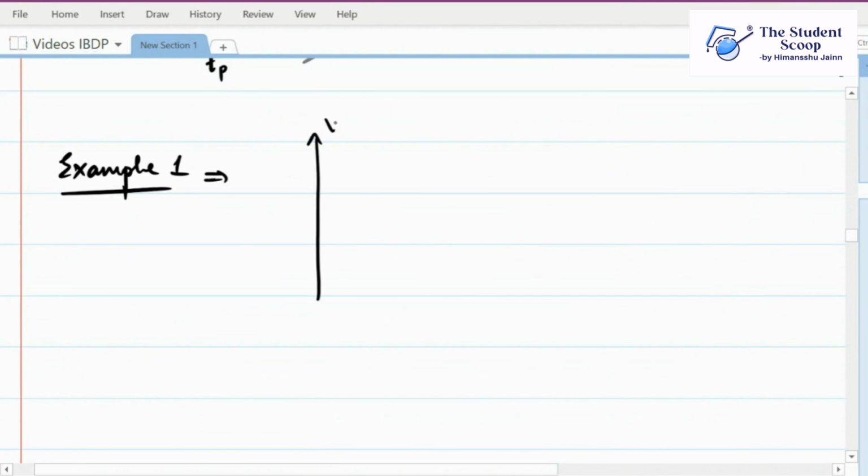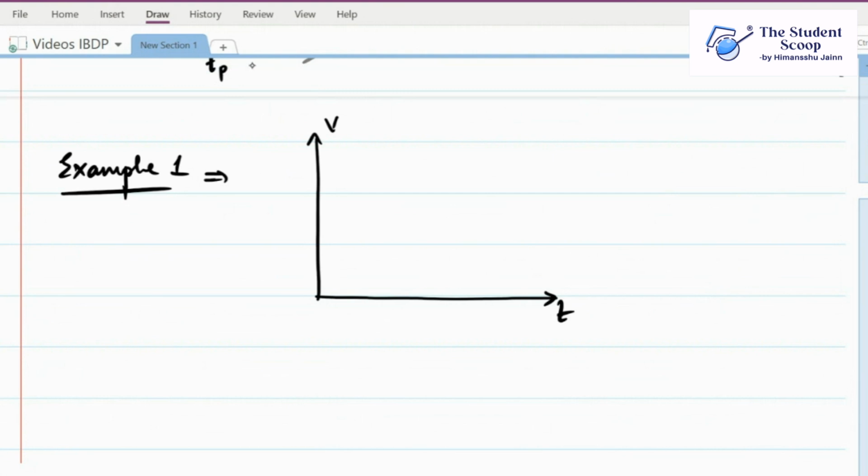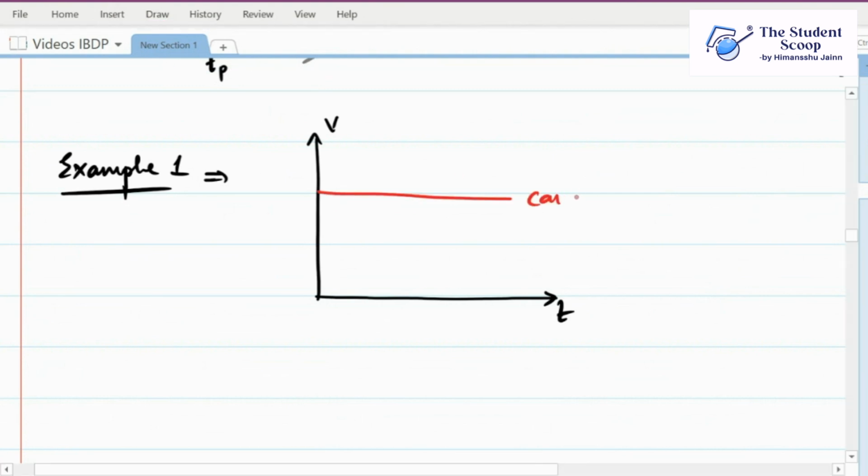If I have a velocity versus time graph, then car A will have a constant speed, so it will have a horizontal line, while car B has zero velocity initially and then it accelerates.